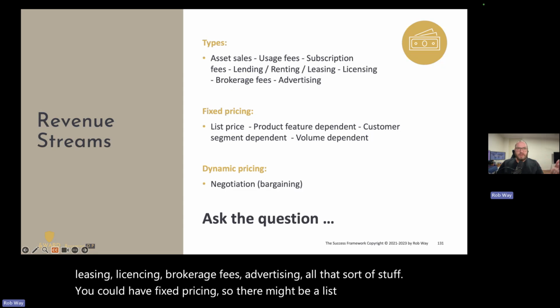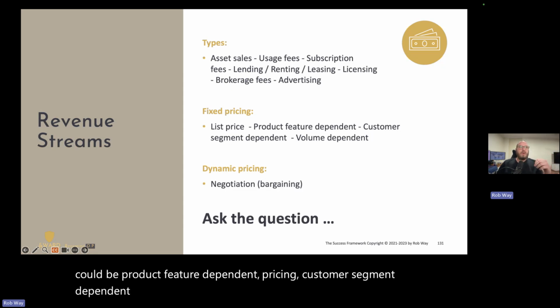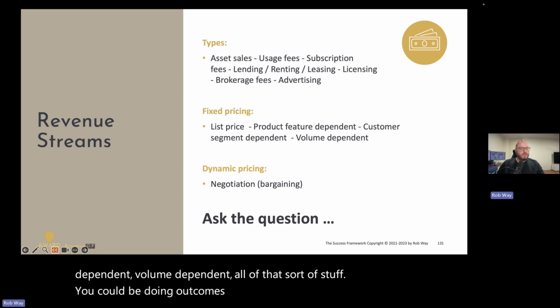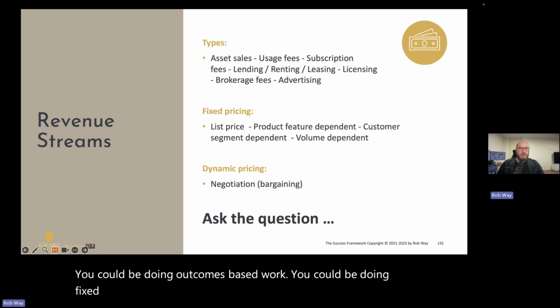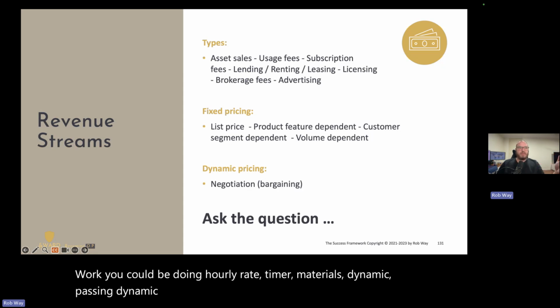There could be product feature dependent pricing, customer segment dependent, volume dependent, all of that sort of stuff. You could be doing outcomes-based work, fixed price work, hourly rate, time and materials. Dynamic pricing, based on a negotiated outcome that you come up with your clients.